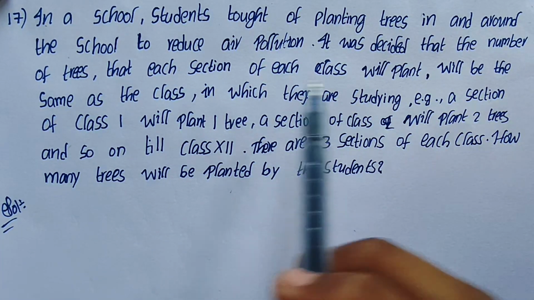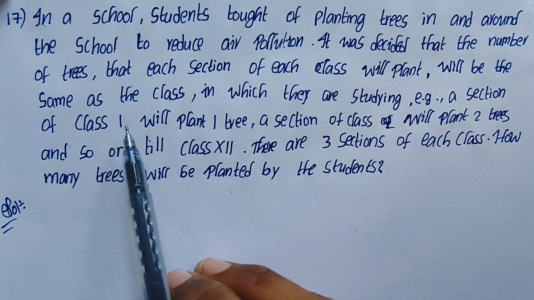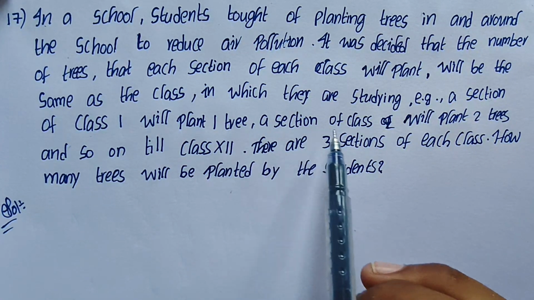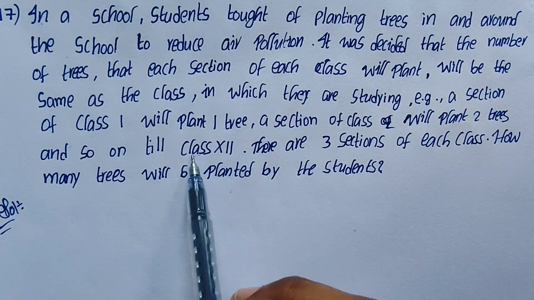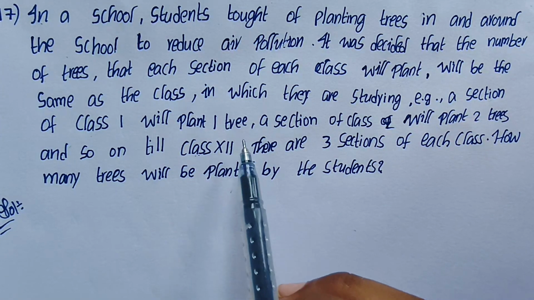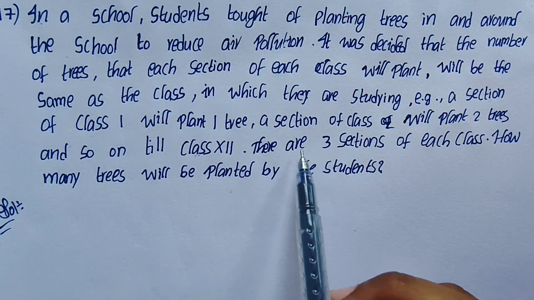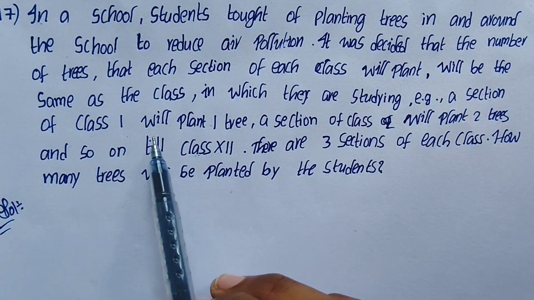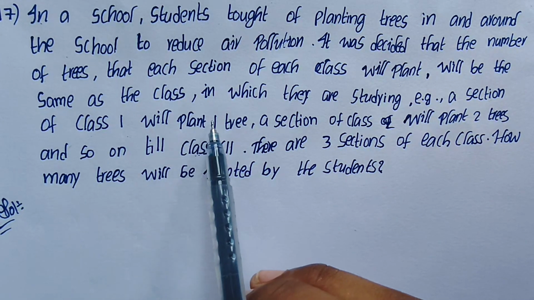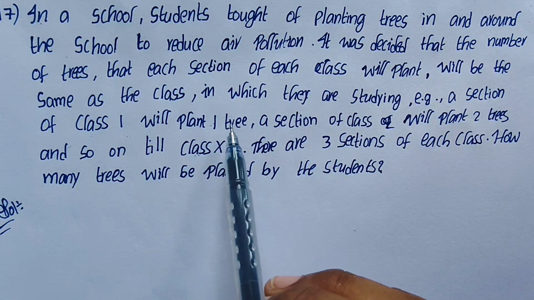So he gave a hint: class 1 will plant one tree, class 2 will plant two trees, and so on till class 12. Means class 12 will plant 12 trees. They said there are three sections of each class. Means class 1 will plant 3 into 1, means 3 trees.